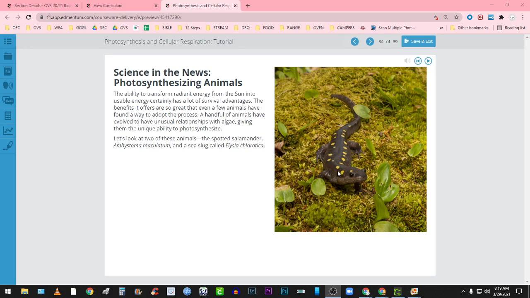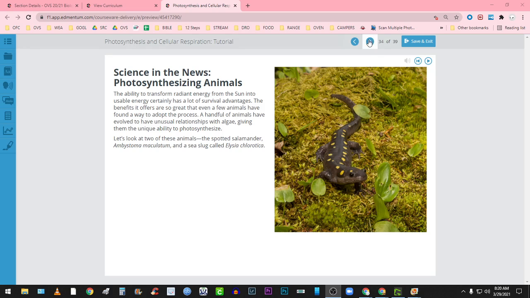See the little green spots on it? It's actually got algae up under there, but also it's its own structures, and these green spots will absorb sunlight and give this thing to some degree some sugar. Nowhere near enough for this thing to live, so it still has to eat things, but it can actually absorb sunlight and use that to make sugar, which is crazy. But it still has to eat stuff, so it's not totally photosynthetic, but it can do it.